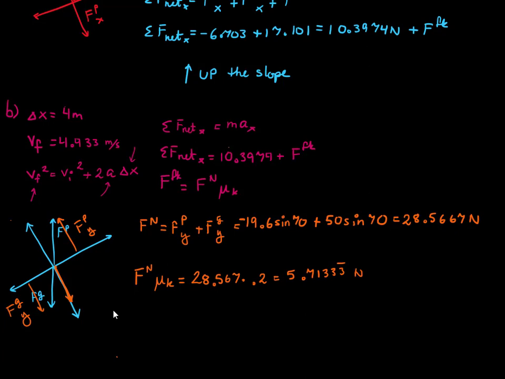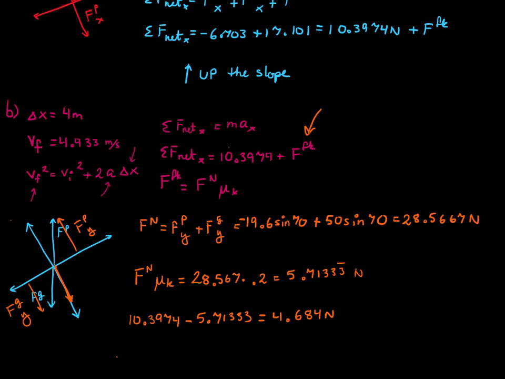Now that we have the force of kinetic friction, we can plug that in here, and we do 10.3974 minus 5.71333, because the force of kinetic friction is opposite the net force, and that comes out to 4.684 newtons.